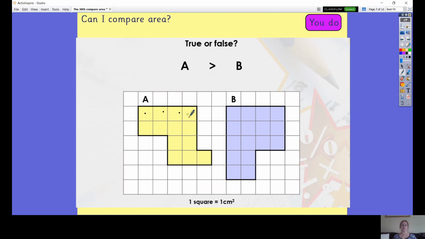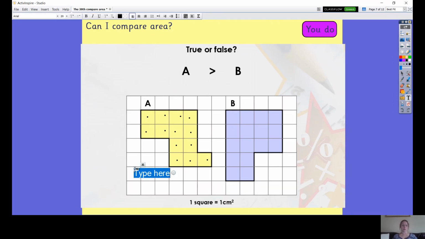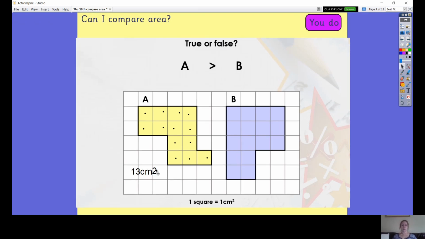1, 2, 3, 4, 5, 6, 7, 8, 9, 10, 11, 12, 13. 13 centimetres squared.